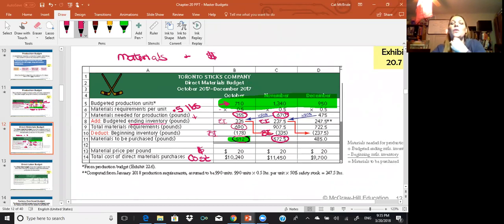What happens with our sales dollars? And what about ending inventory?